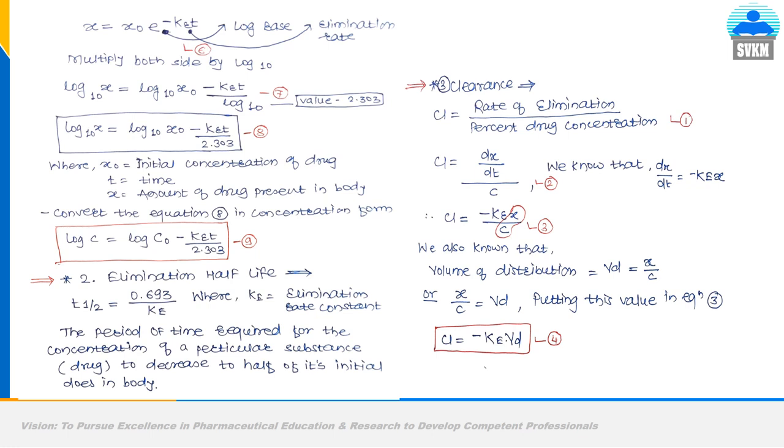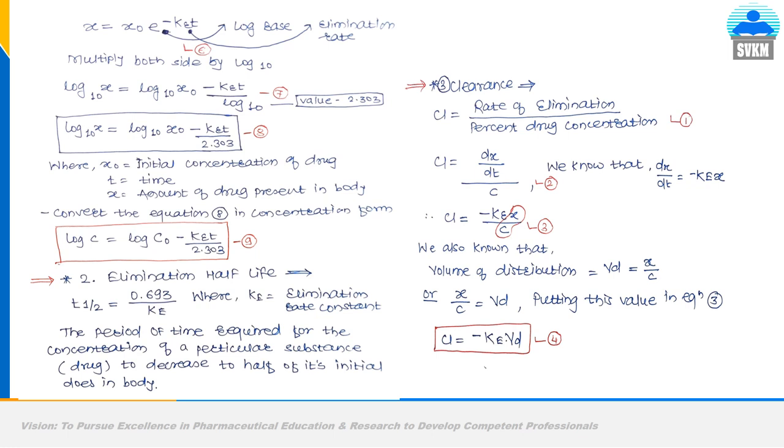You will get equation number 3, that is clearance is equal to minus KeX upon C. Also we know that the volume of distribution is equal to x upon C. So we just replace x upon C with Vd in equation number 3.